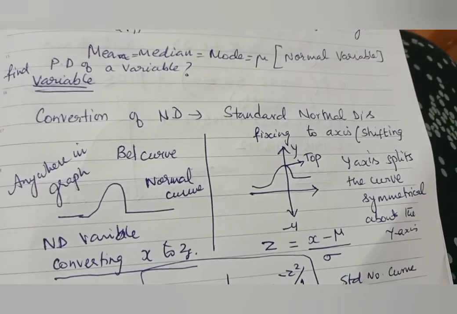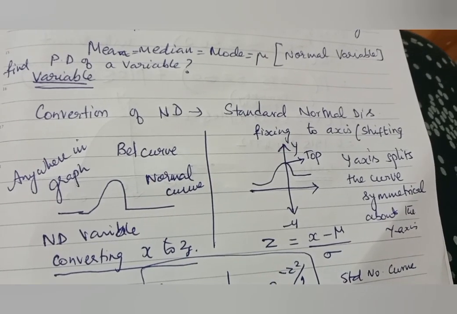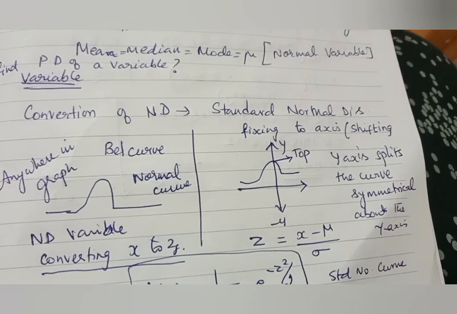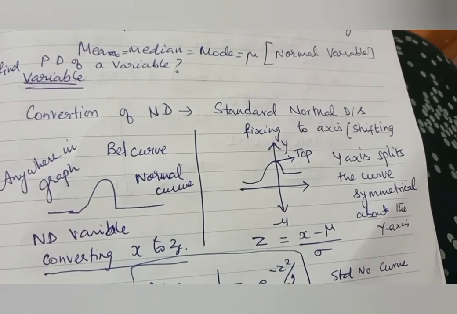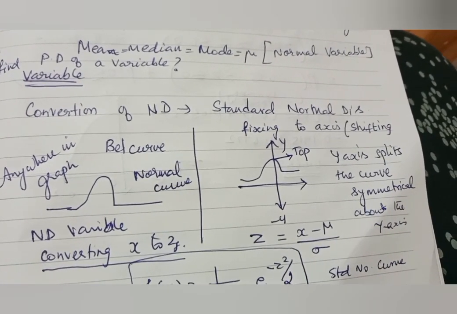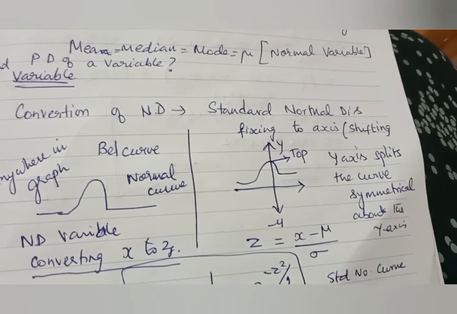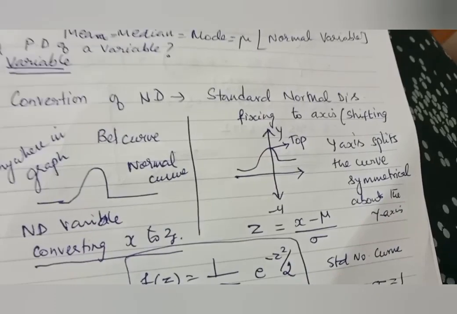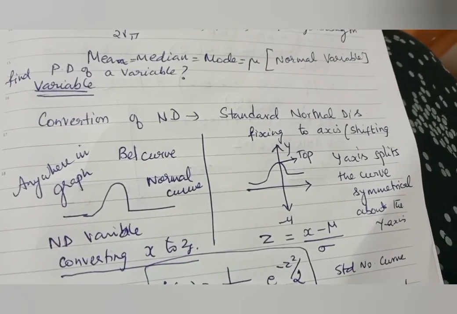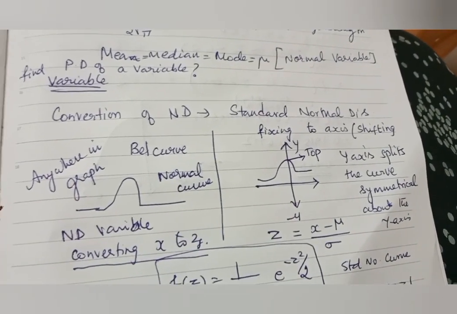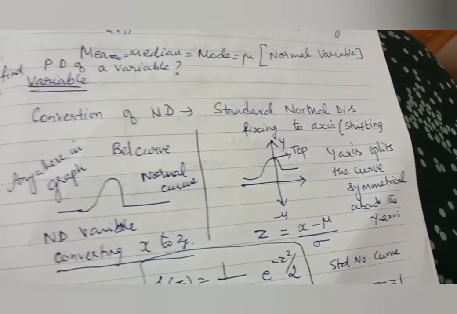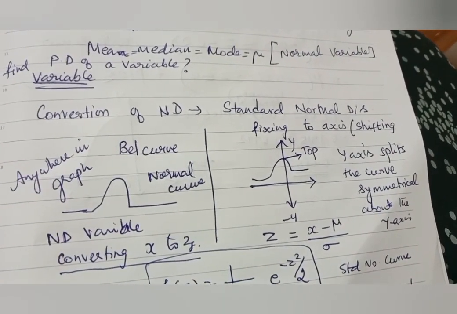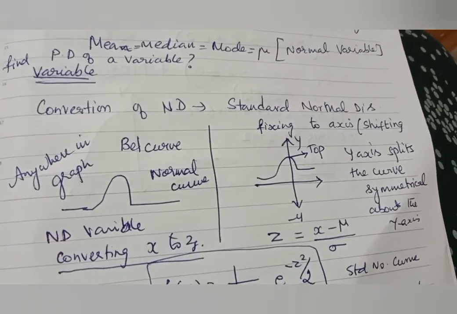Step 1 is converting x to z. That is, we are fixing the x value exactly to mu and making it 0, so the y-axis becomes the symmetrical axis. Which means that the top of the bell curve is on the y-axis and the y-axis splits the curve into exactly two symmetrical parts.